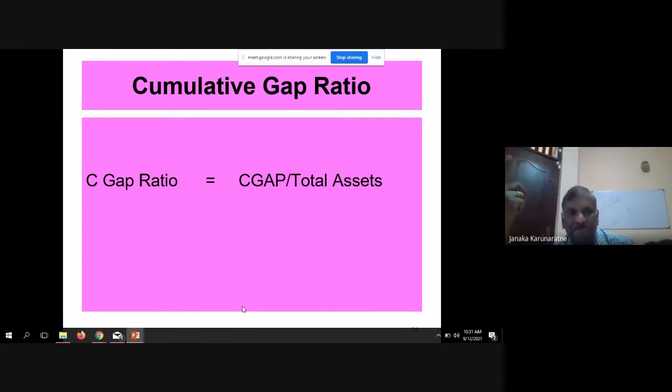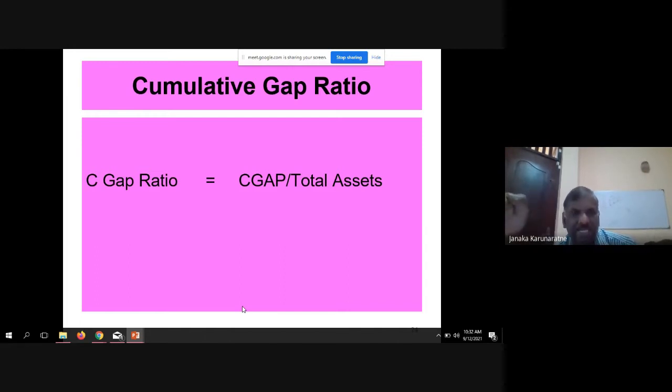So let's say my C gap ratio limit is 15% for the next 1 year. So any adverse gaps, I should be maintaining within that range, not below that range.